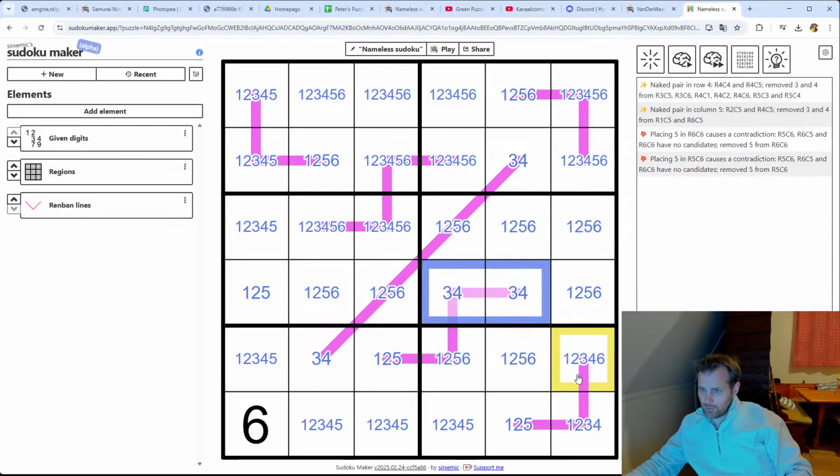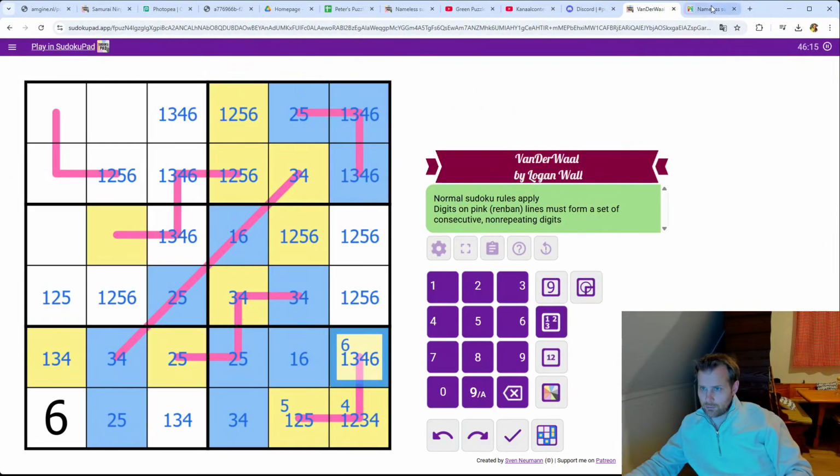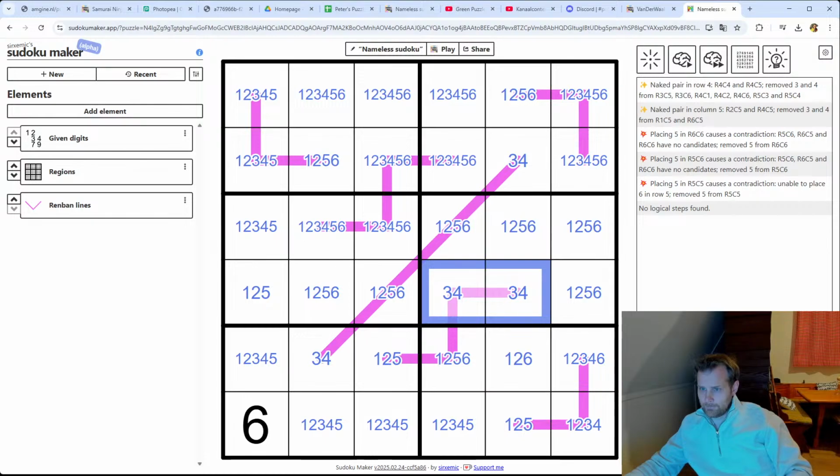You can't put a 5 in there. For some reason. Oh yeah, okay, we know. Then still it's possible.